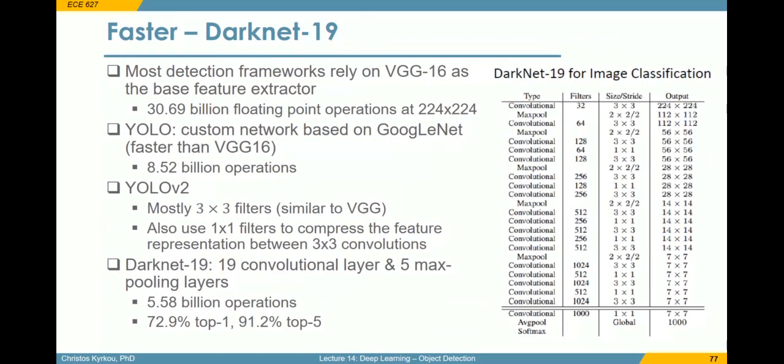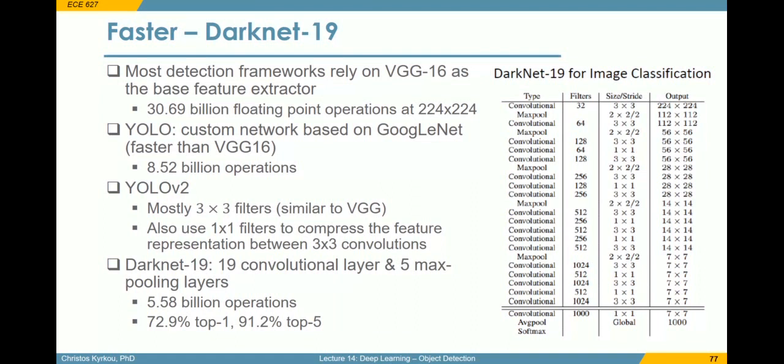Another important aspect introduced in YOLO version 2 is a custom convolutional feature extractor. They proposed a convolutional network that we refer to as Darknet-19 as a replacement for the network that they used before, for example, VGG or GoogLeNet.